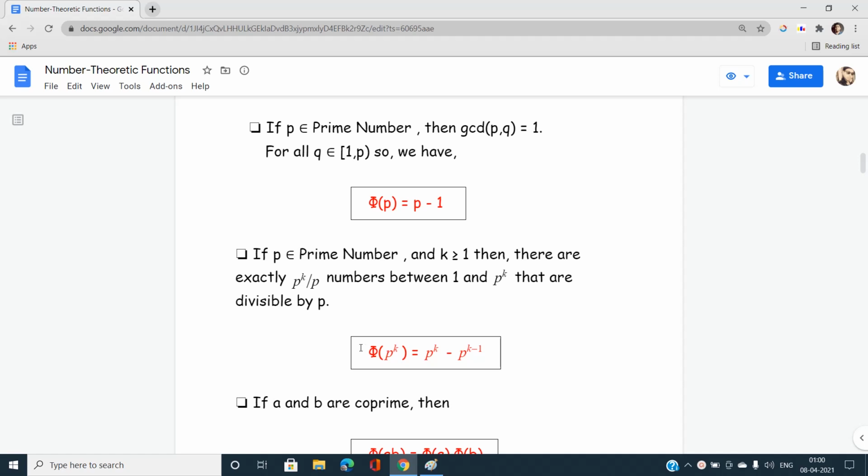So we can write it directly as phi of P power K equals P power K minus P power K minus 1.